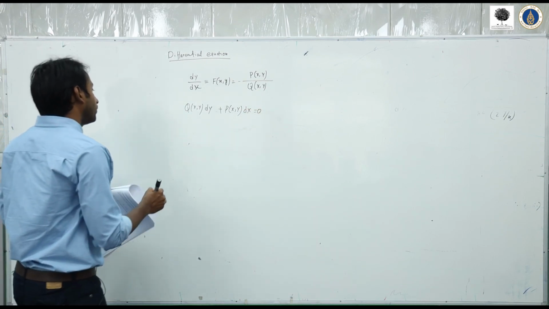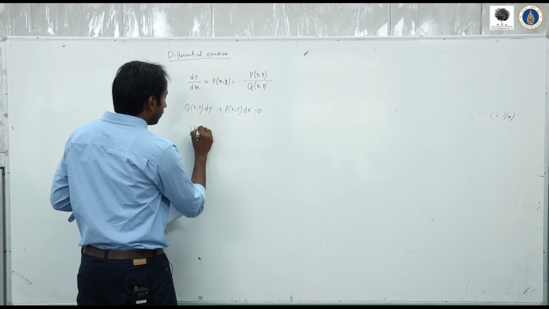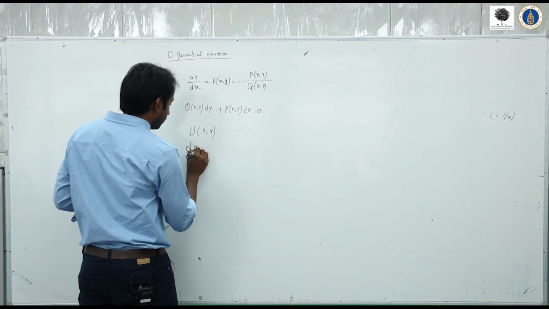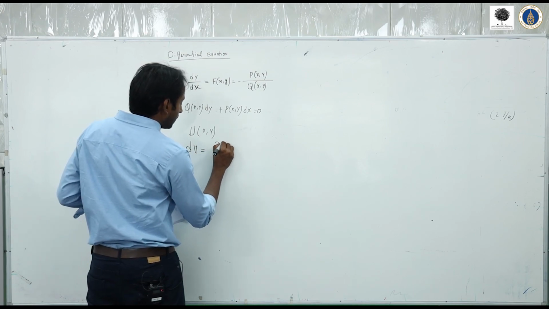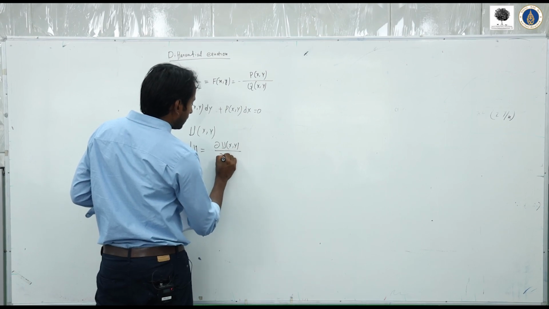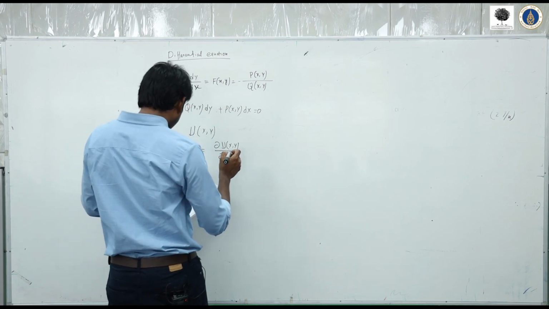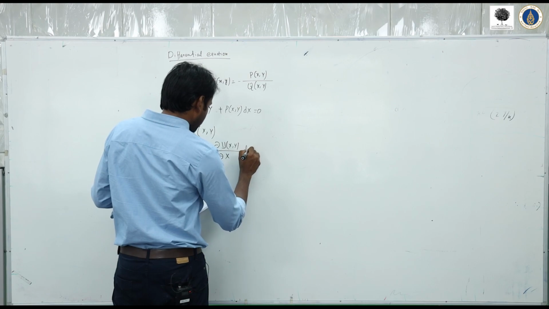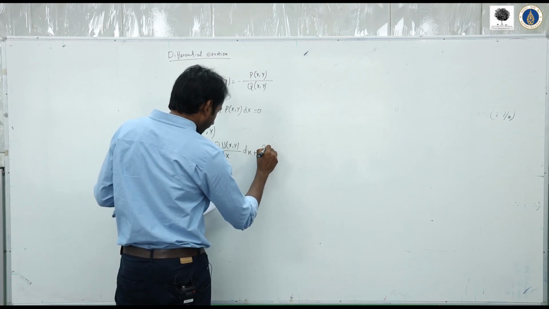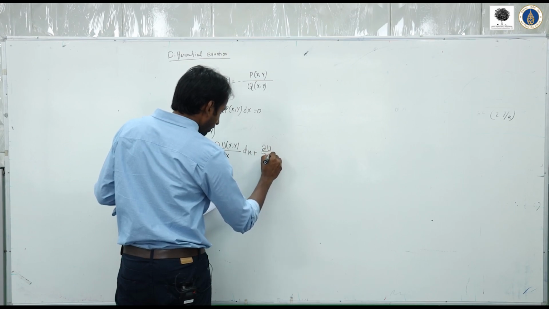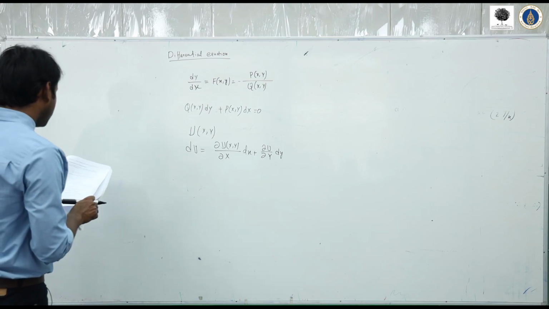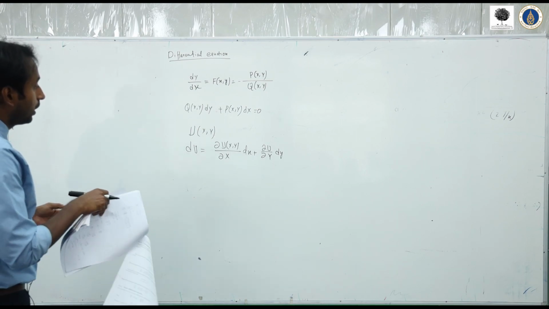And suppose you have a function u of x and y. When you take du, the total derivative of it, it is del u by del x into dx plus del u by del y into dy.